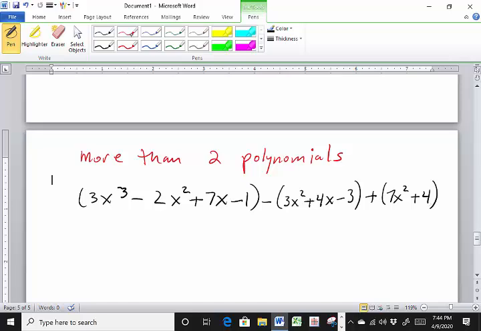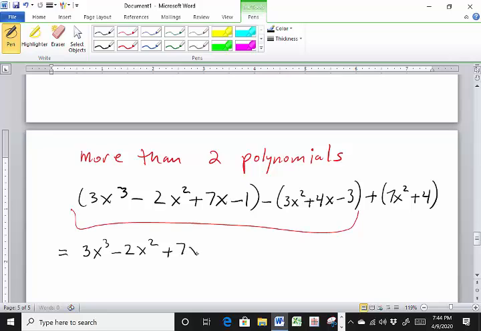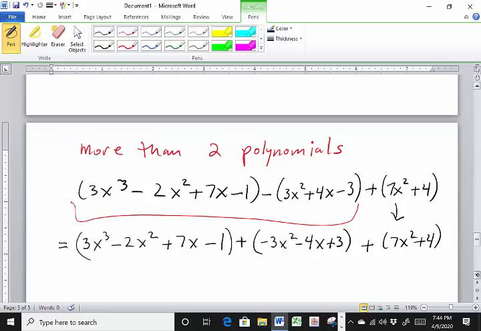If we look at just this right here, this is subtraction, so I'm going to add the opposite. So I'll write this as 3x cubed subtract 2x squared plus 7x subtract 1 added to the opposite, so that's minus 3x squared minus 4x plus 3. And then I'll just bring this down, plus 7x squared plus 4.